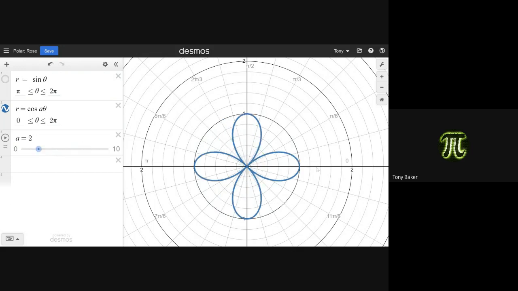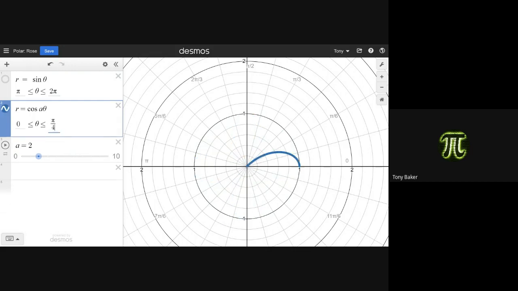So for this one, if I wanted to figure out the area of this entire shape, I just want to find that part up there. Pi is going to be half, pi over 2 is that piece, so let's do pi over 4. 0 to pi over 4 is going to give me that part right there.